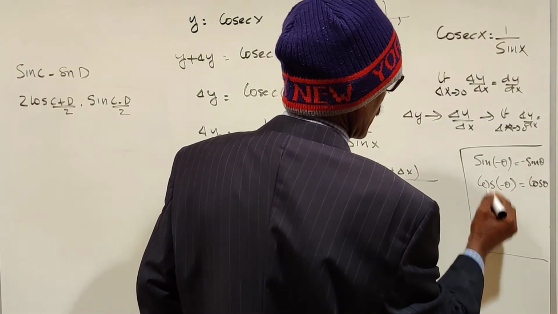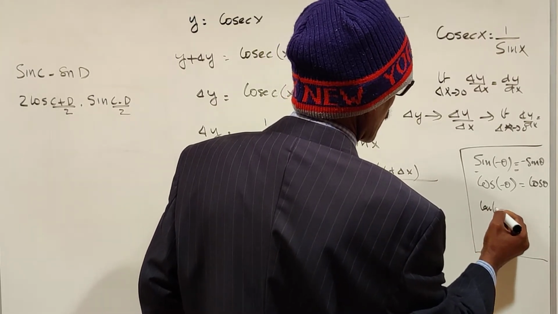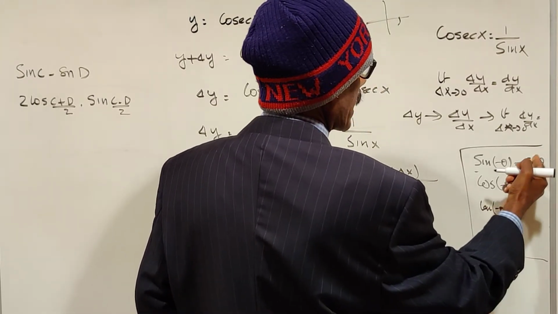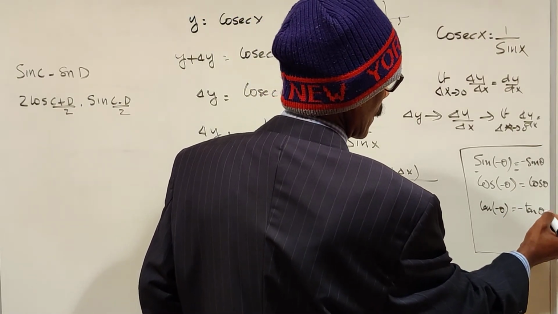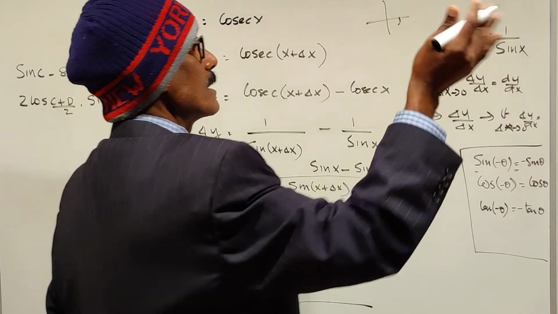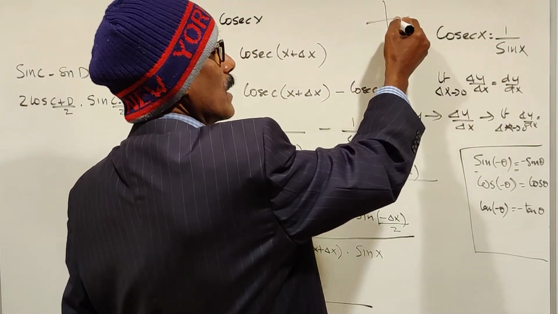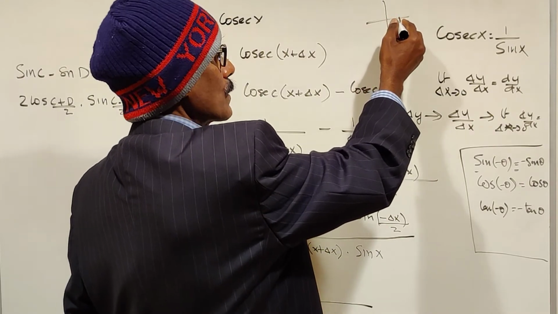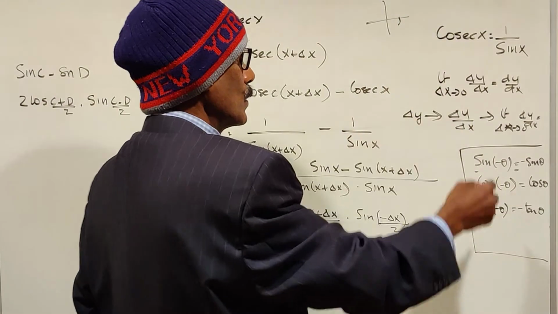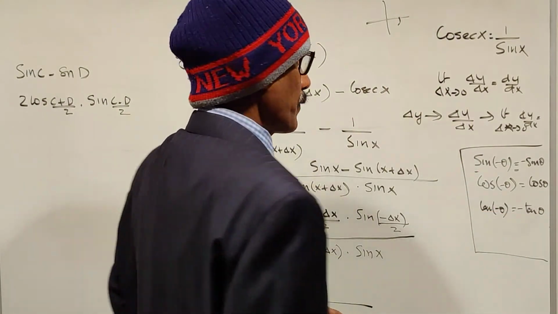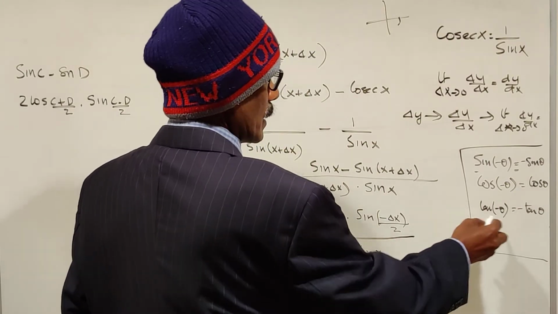Then just divide: tan of minus theta is minus sin theta by cos theta, which is minus tan theta. In the fourth quadrant, only cos is positive; sin and tan and their reciprocals are negative.